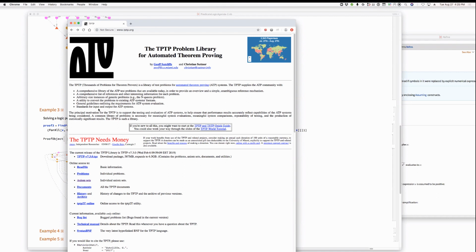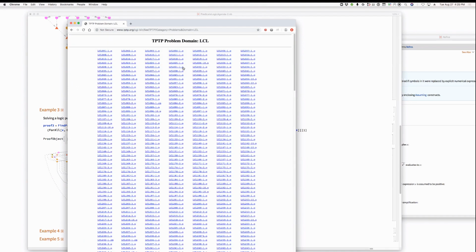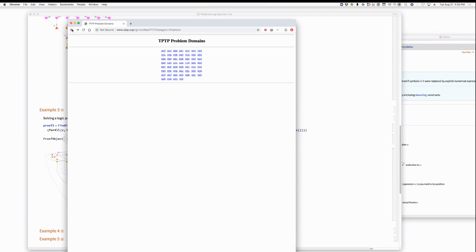But what other things are in here? Do we know? So what does this mean? What does LCL mean? Problem domains. This will be some branch of math. I don't know offhand what LCL is. Let's take a look.